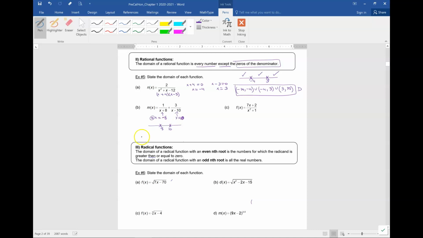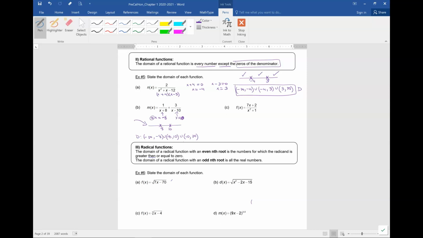Everything else will work. So I say the domain is negative infinity to negative 8, negative 8 to 10, 10 to infinity. Do you have to draw this number line every time? Not at all. I'm just drawing it for you guys to see.